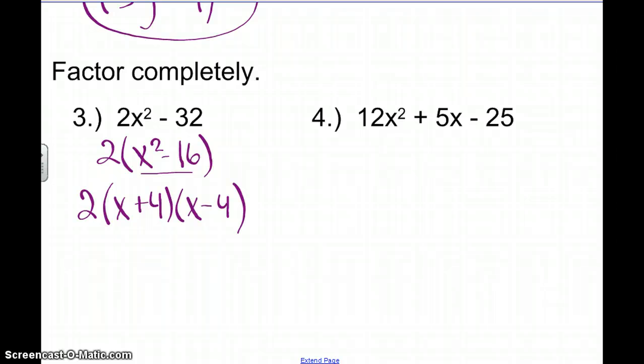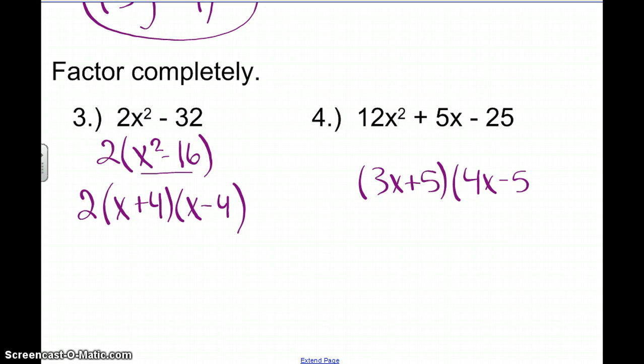And number 4, I want you to factor on your own, so you can pause the video and work it through. You should get a factored solution of (3x + 5) times (4x - 5).